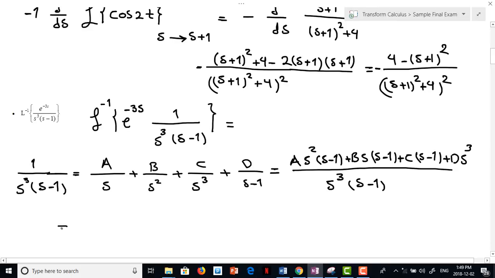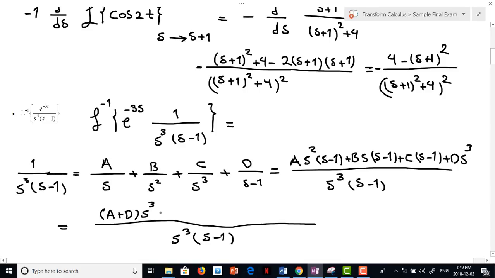I can rewrite this fraction in this form, so it's equal to s to the power of 3 times (s minus 1) in the denominator. If I factor s cubed, we're going to have (a plus d) s cubed.